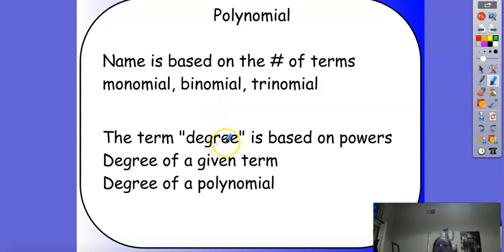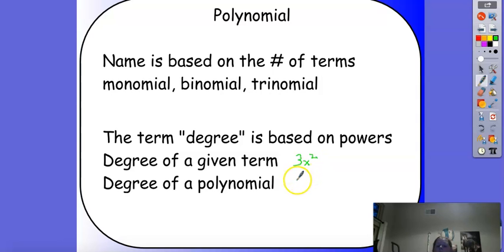The term degree. The degree is based on the powers. You can have the degree of a given term or the degree of the whole polynomial. So right here, if I have a term like 3x squared, the degree of that term is 2.